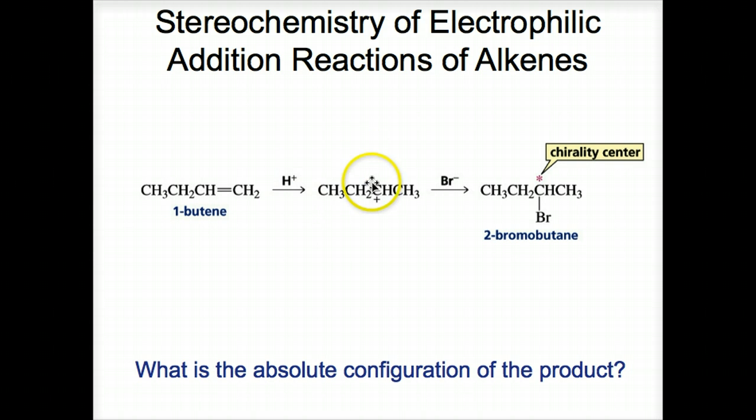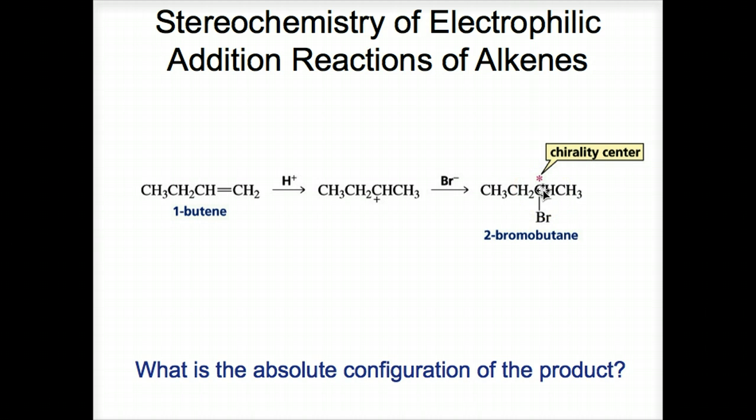We've added a proton to the sp2 carbon with the most protons, so now it's at CH3, and we've formed a carbocation. We're going to see this on the next slide. Here's the nucleophile coming in, bonding to that electrophilic positive site, and creating a chirality center. Of course, that is an asymmetric carbon right there.